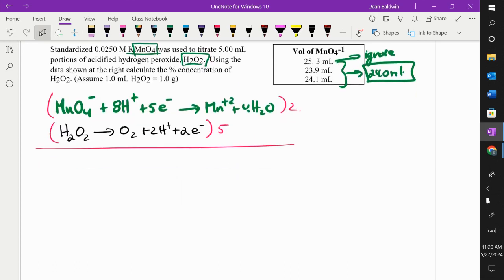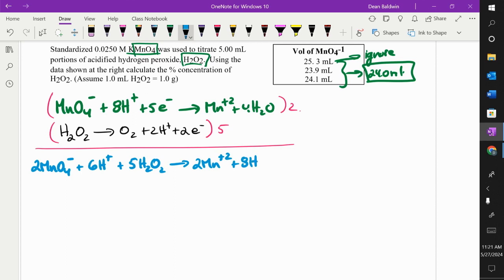And when you do that, you get 2 MnO4- plus 6 protons plus 5 peroxide molecules goes to 2 Mn2+ plus 8 waters and 5 oxygens.